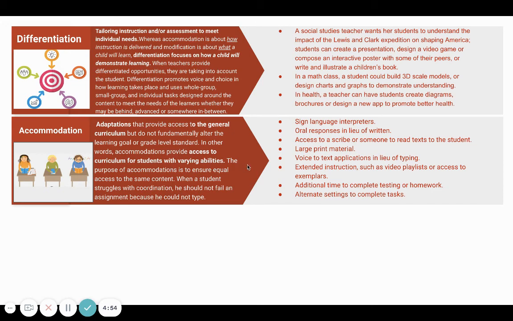For example, we might provide a student with a sign language interpreter. We might allow him or her to provide oral responses instead of a written response. And why would we do this? Well, because it allows our students access to the curriculum, helps us to gauge to what degree they understand or can perform the process that we're working on, but also because it's required or mandated by an individualized education plan or a 504 plan.